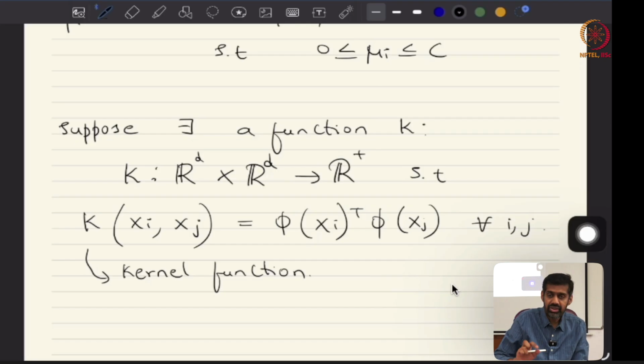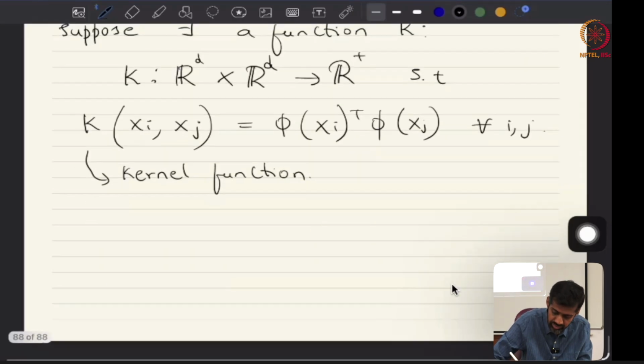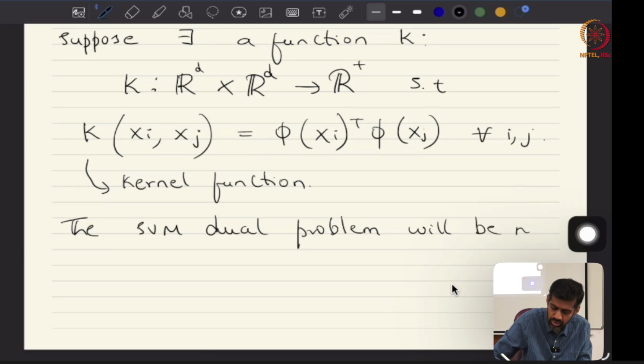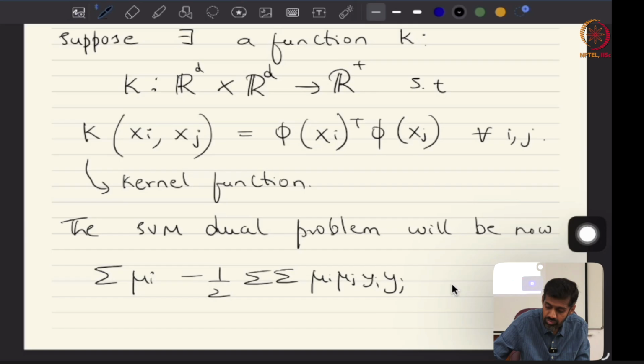So what happens to the problem that we will be solving in this case? Now instead of this, the SVM dual problem will be: we will have sum of mu i minus half sum of mu i mu j yi yj k of xi, xj, right.